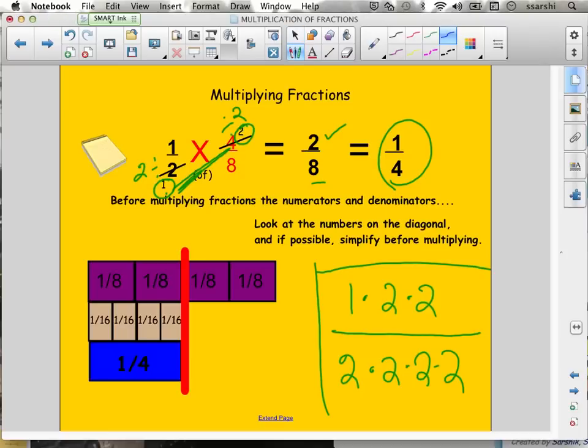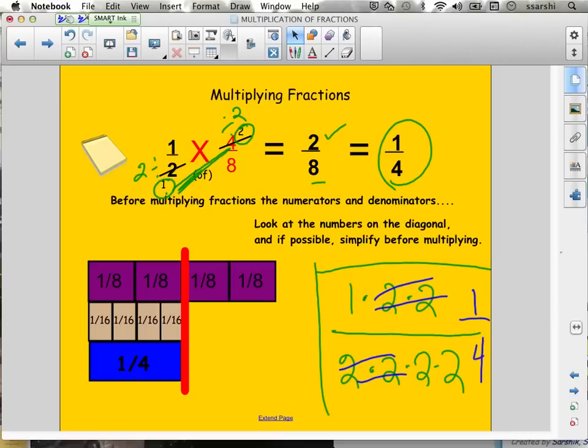If you look at these two answers, I would see that the 2 2's cancel out to 2 2's, and what I'm left with is 1/4. So it's simply taking your numerators, breaking them into prime factors, taking your denominators and doing the same, and then knowing that 2 over 2 equals 1 and cancels itself out.